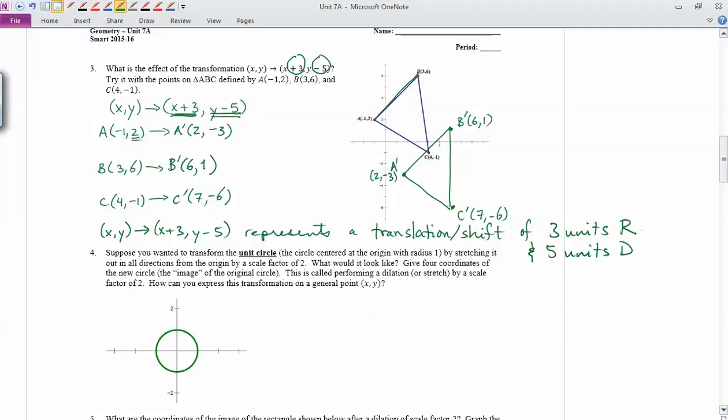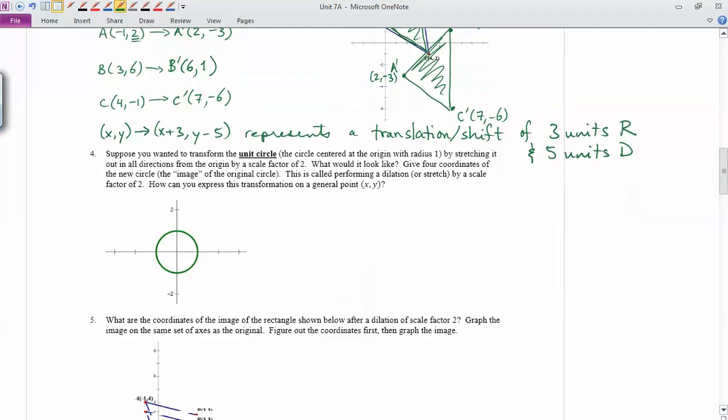I'm just going to use R, L and U, D for up, down. Okay. And by the way, if all I'm doing is sliding this triangle around, I'm not actually stretching it out in any way, then the original triangle here is going to be congruent to this triangle there. All right, let's take a look at 4.